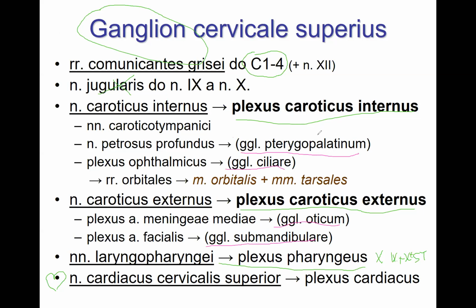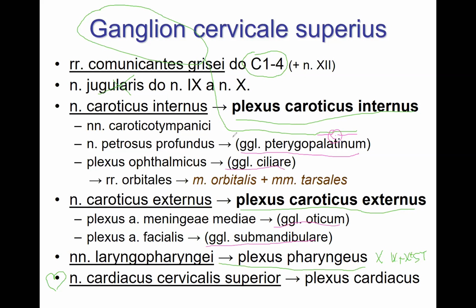The parasympathetic system is synapsed in this ganglion, and the sympathetic system just passes through. As this is centrally located, sympathetic, this is peripherally located, parasympathetic.